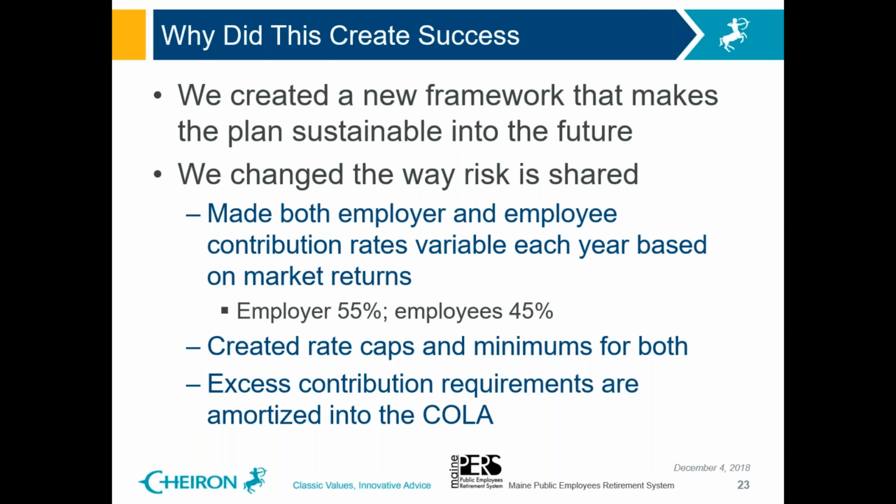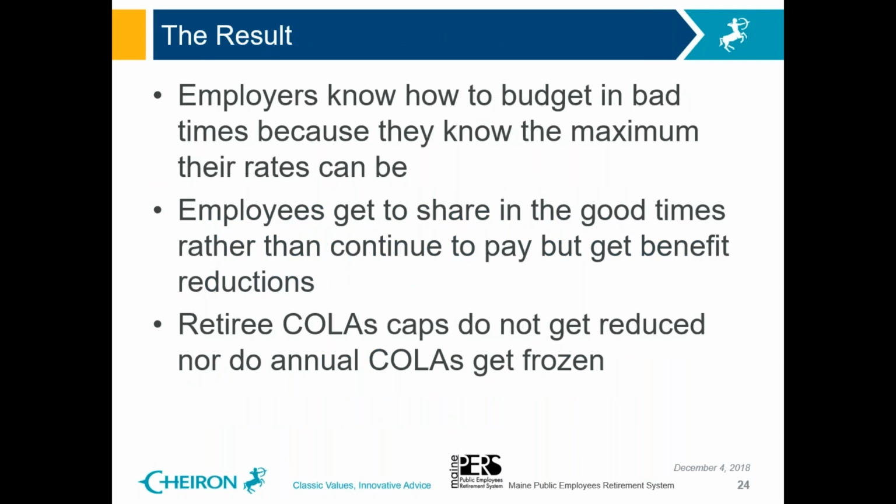We smooth those losses into the future COLAs or COLA eligibility, so the entire excess doesn't have to be paid up front, but it gets smoothed into the COLAs for the future. And we did this for a specific reason: most of the time when you have a negative market event, you have a rebound.